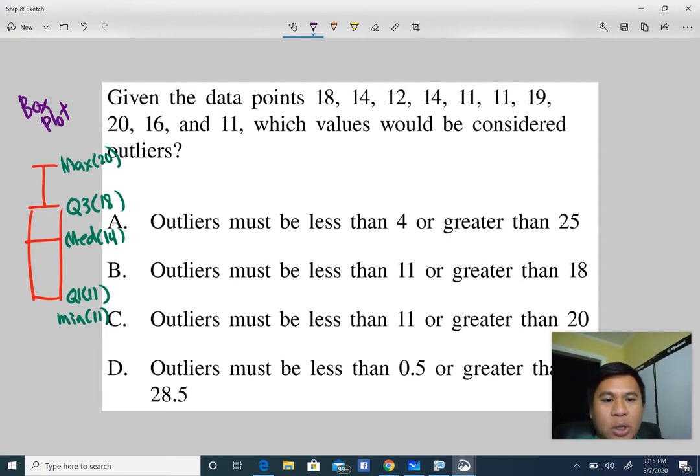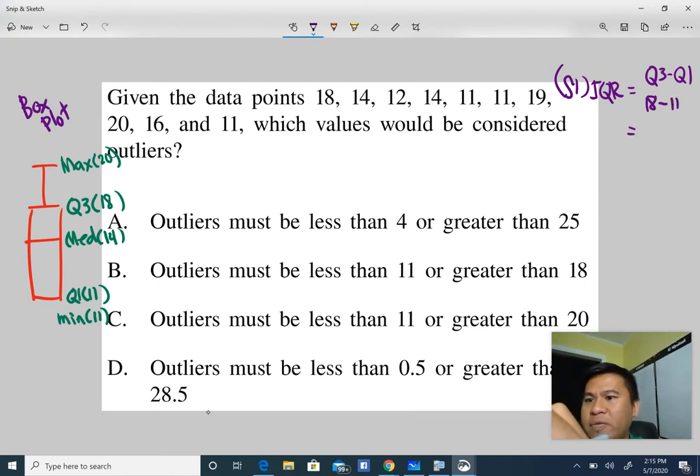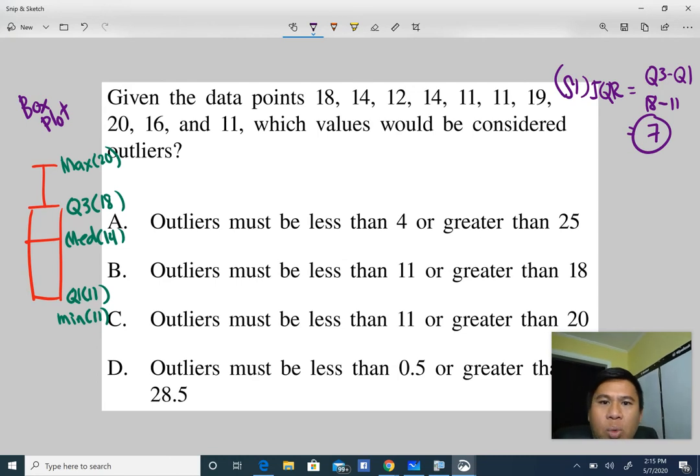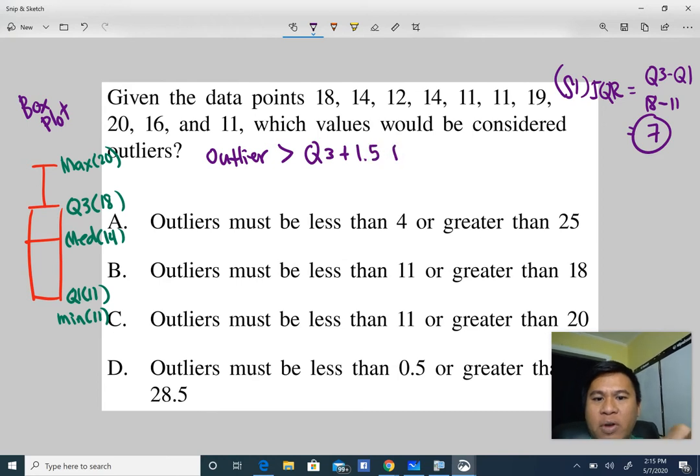So the first step that we're going to do is to consider the IQR, which is simply the Q3 minus Q1. And with that being said, that will be 18 minus 11 in here, which is in fact 7. So that will be my IQR. The next one, to get the upper outlier, the outlier should be above Q3 plus 1.5 times IQR.